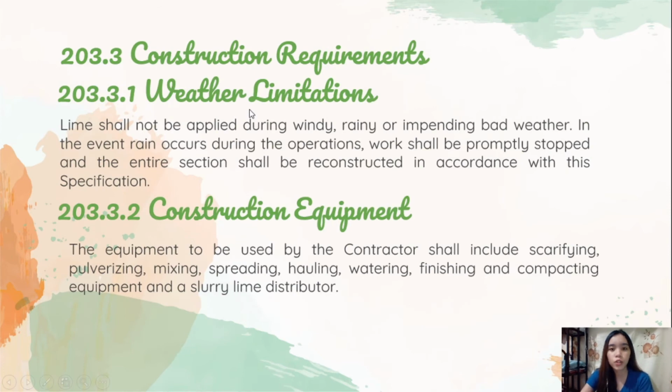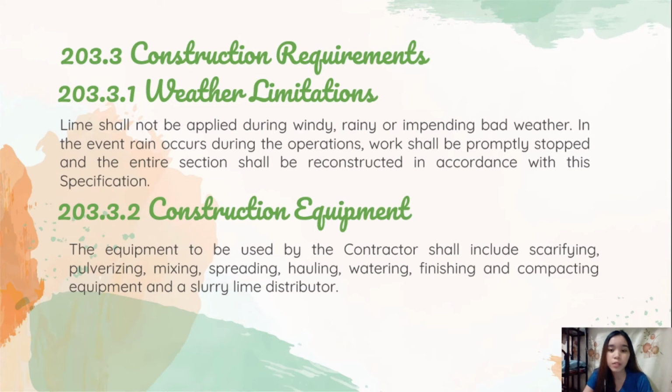So construction requirements. Weather limitations. Lime shall not be applied during windy, rainy, or impending bad weather. If it rains, operations should stop and the entire section shall be reconstructed in accordance with this specification. The next is the construction equipment.